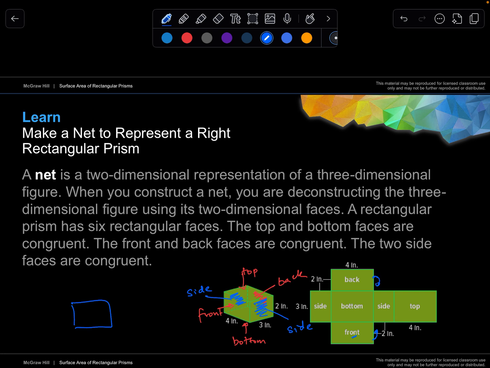You fold this back upwards, that's going to become your back. You fold this over this way, that gives you one side. You fold this side over this way, that gives you the other side. When you fold side 2 over, the top side which is attached to it is going to come over, and then it's going to go over the very top.